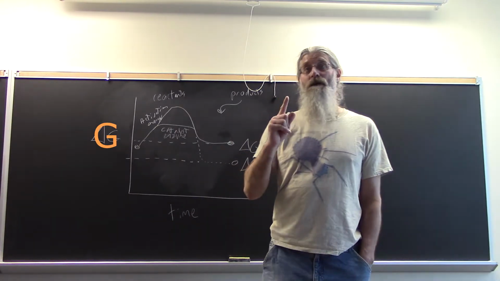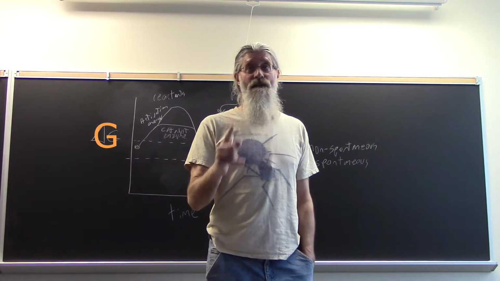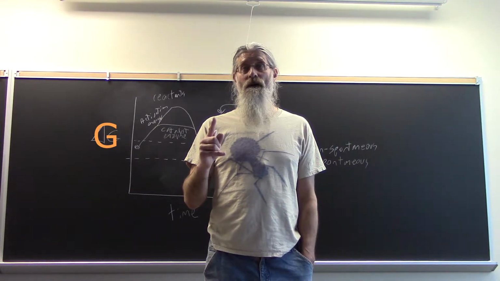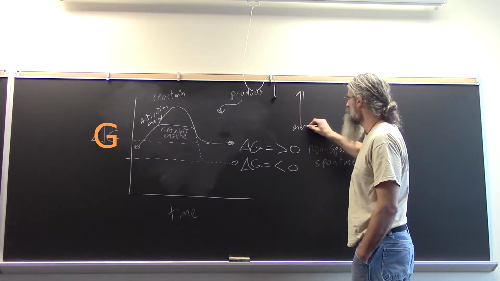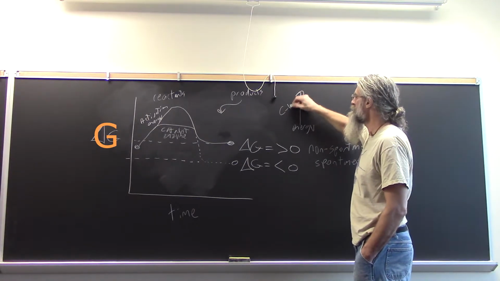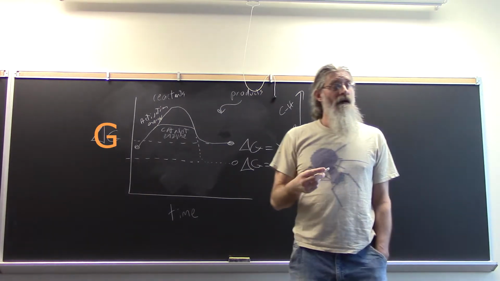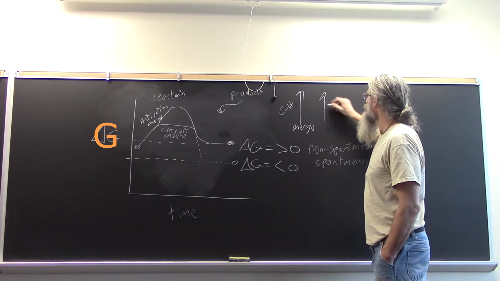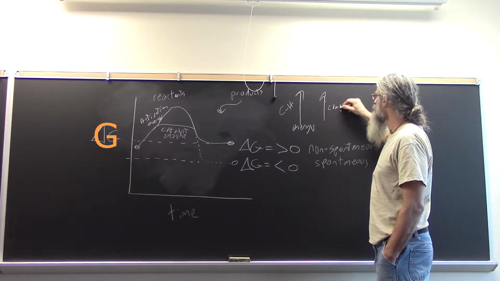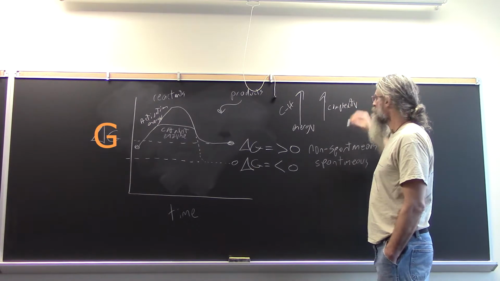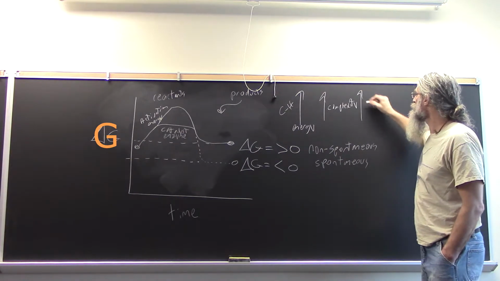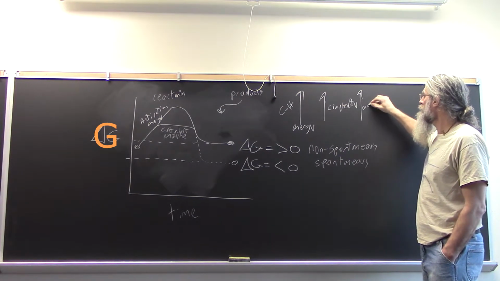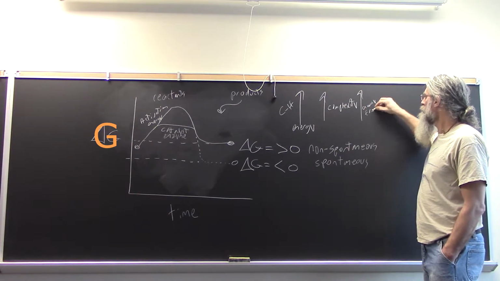So the Gibbs free energy increases as you increase the amount of energy in the system, so the bonds like carbon to hydrogen bonds that hold energy. And it increases as you increase the complexity. And it probably also, we could say, increases as you perturb farther away from equilibrium.